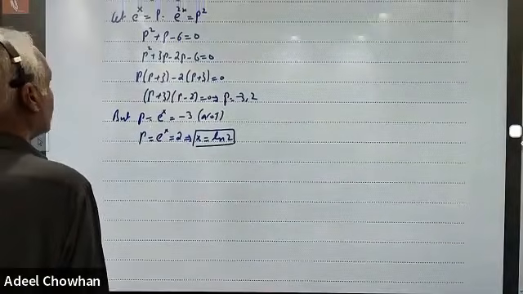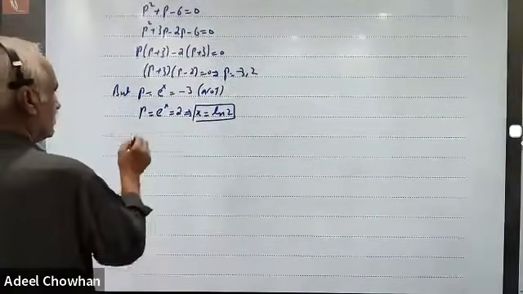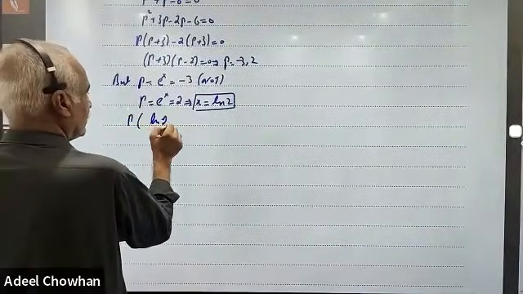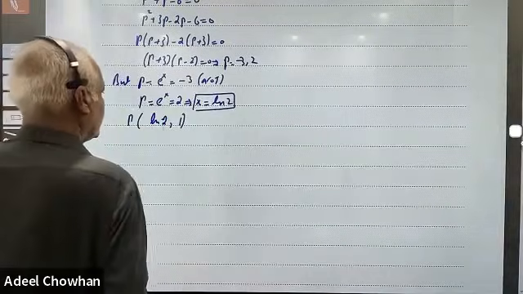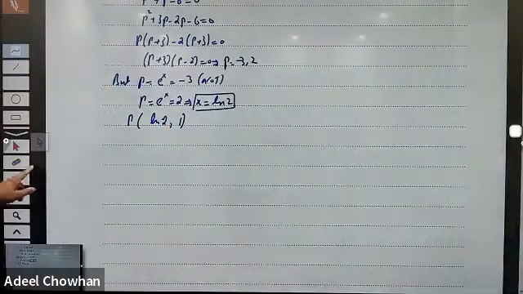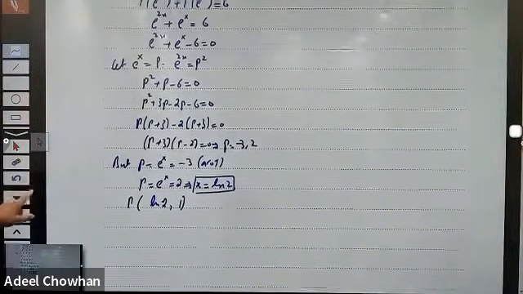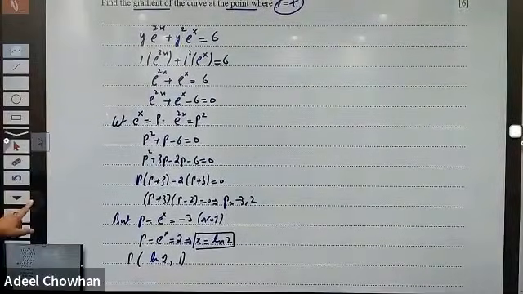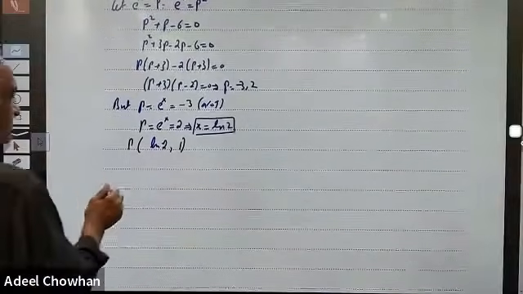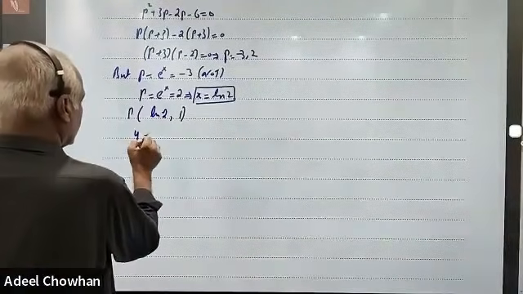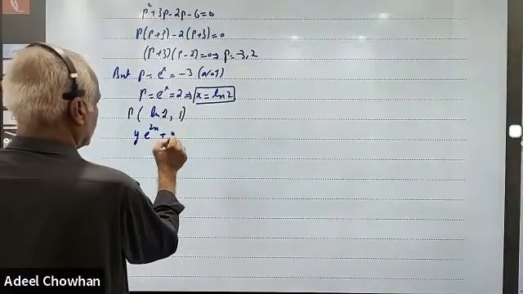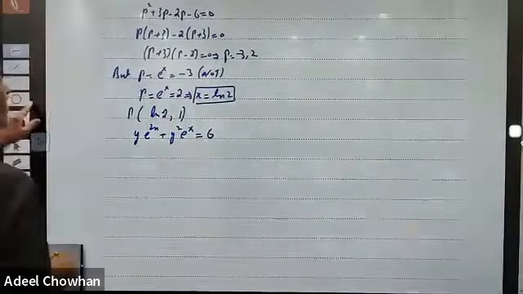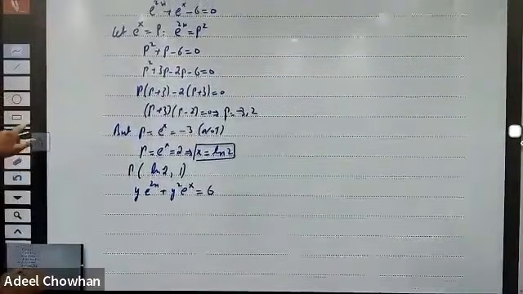So our point of intersection is log of 2 and the y value is 1. Now you have to find the gradient of this curve, y e power 2x plus y square e power x equal to 6.